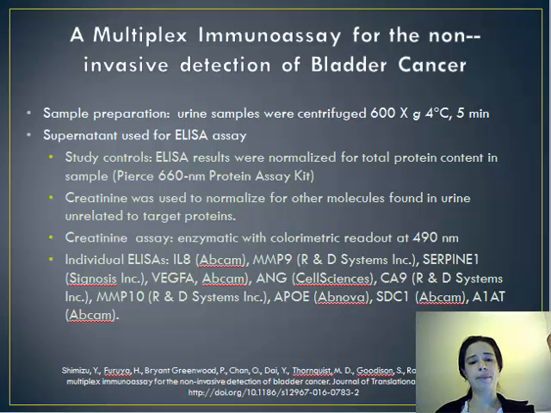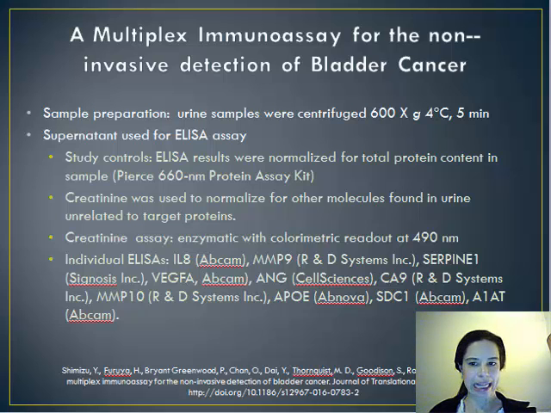So even though sample prep was not completely eliminated, it was pretty simple compared to a lot of other analytical techniques. It just involved a centrifugation, and then the supernatant was used for the ELISA assay itself. When you're doing ELISA, your samples can have varying amounts of proteins, so when you're performing your analysis, you want to control for that.